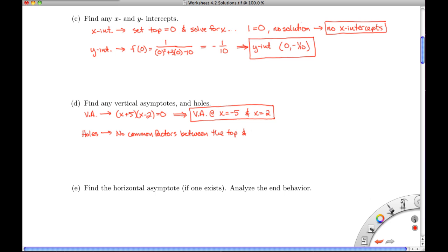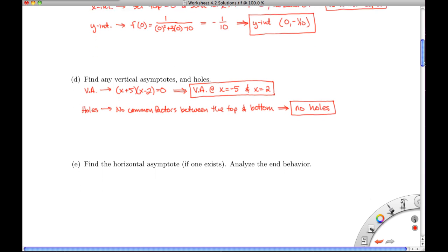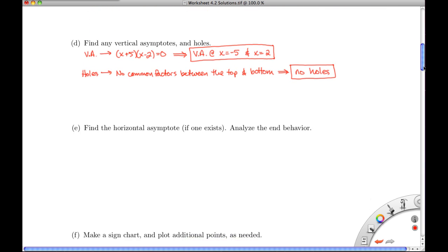Because of that, there are going to be no holes in this curve. So the implication here is no holes. Okay, so we're gathering little bits of evidence for our curve now.